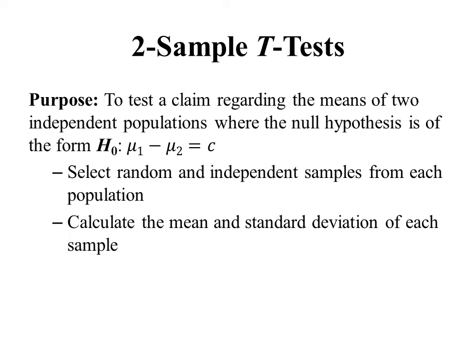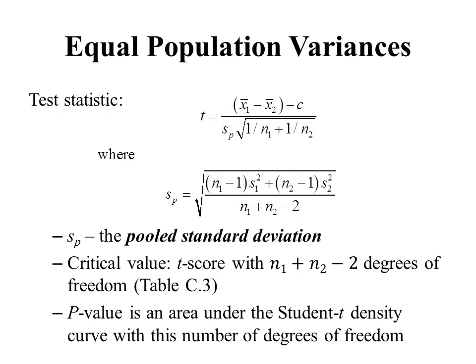So the first step is that we select independent and random samples from each population, and then we calculate the mean and standard deviation of each sample. And that's exactly what we've done here in this example. We selected 10 people from the first population, 10 people from the second. We recorded their weight loss, calculated the mean weight loss and the standard deviation of the weight loss. That's what we've got.